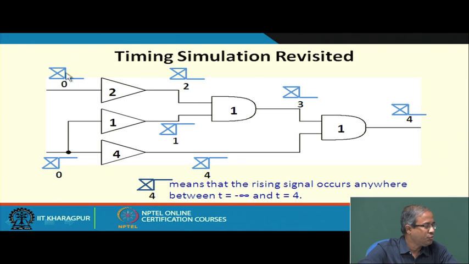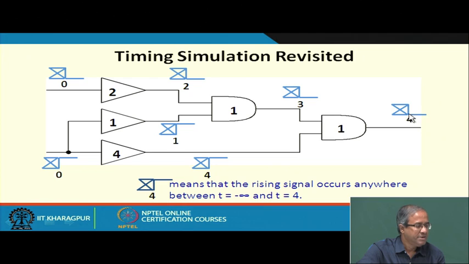So, after delay 2, this 0 will be shifted to 2, this 0 will be shifted to 1, this 0 will be shifted to 4, this has a delay of 1. If you just look at the property of this x, this will shift to 3, because at 3 definitely both of them are at 0 after delay 1. Before that you do not know, both may be at 1, that is why it is x. And finally here at 4 you are going up, at 3 you are going down. So, at 4 definitely you are going down.